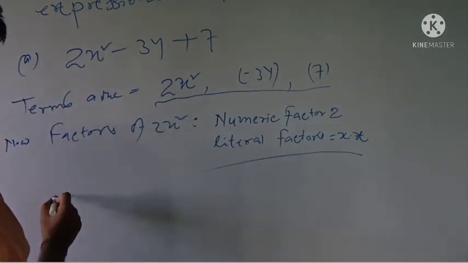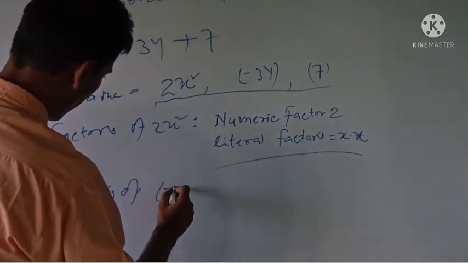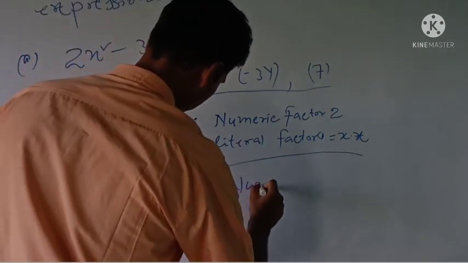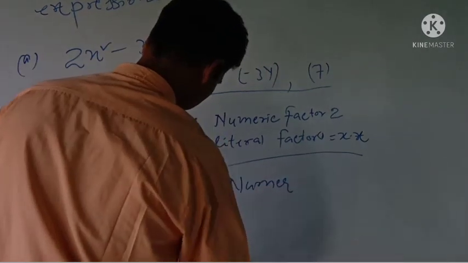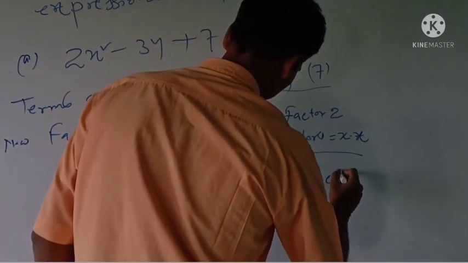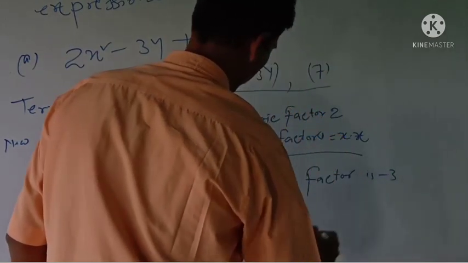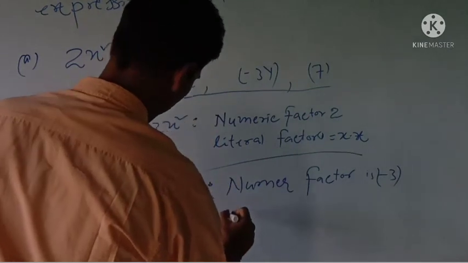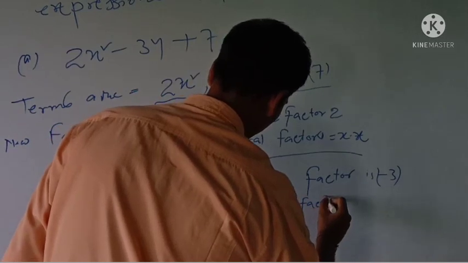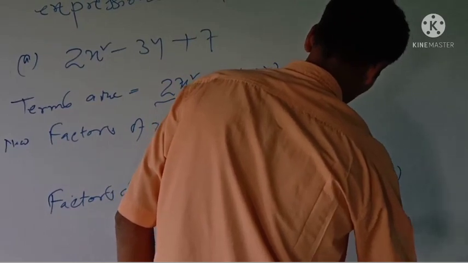Now factors of minus thrice y. The numeric factor is minus 3, and the literal factor is y.